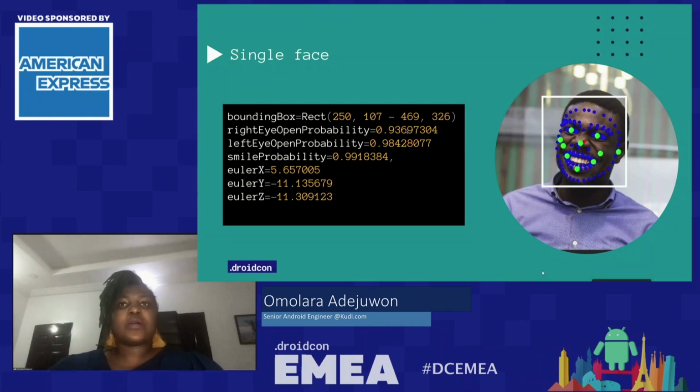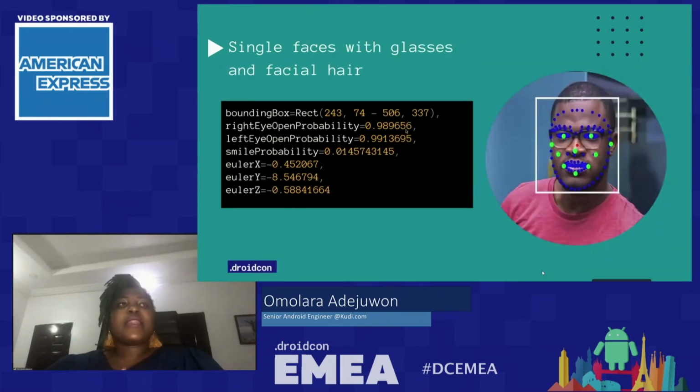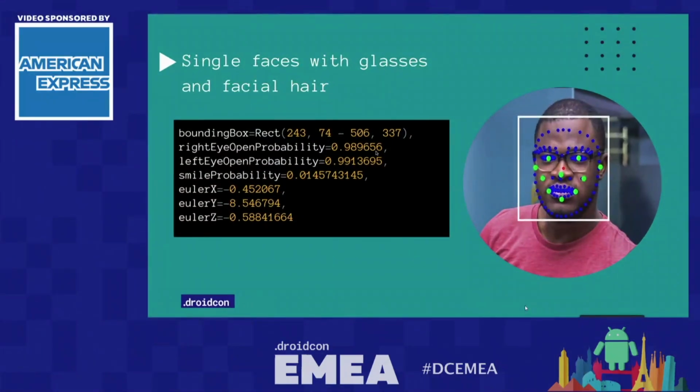So let's take more samples. Then I took a sample of a face with glasses and facial hair. This is just to say that face detection also works with facial hair and also with glasses. So it detects everything. Like I explained earlier, these are the values gotten from processing this image. The Euler X, the probability that this person is smiling is very close to zero. It's almost zero, which means that this face isn't smiling at this point.